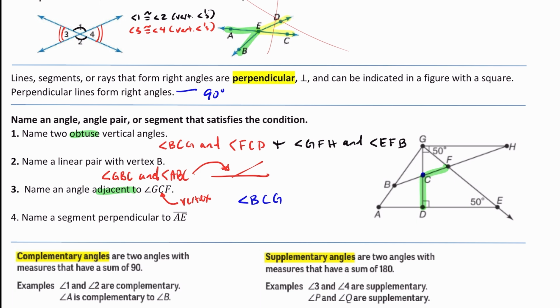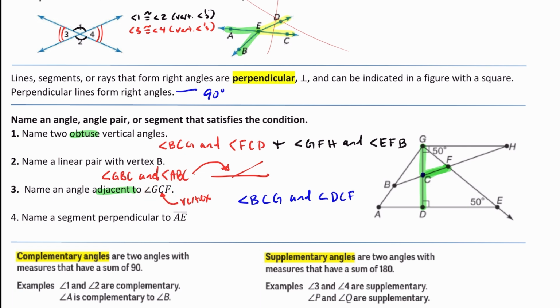Angle DCF is adjacent to angle GCF. Again, angle GCF is right here. I chose angle DCF because they share the same vertex, and this is also a side. They share that same side. So angle DCF is adjacent to angle GCF.